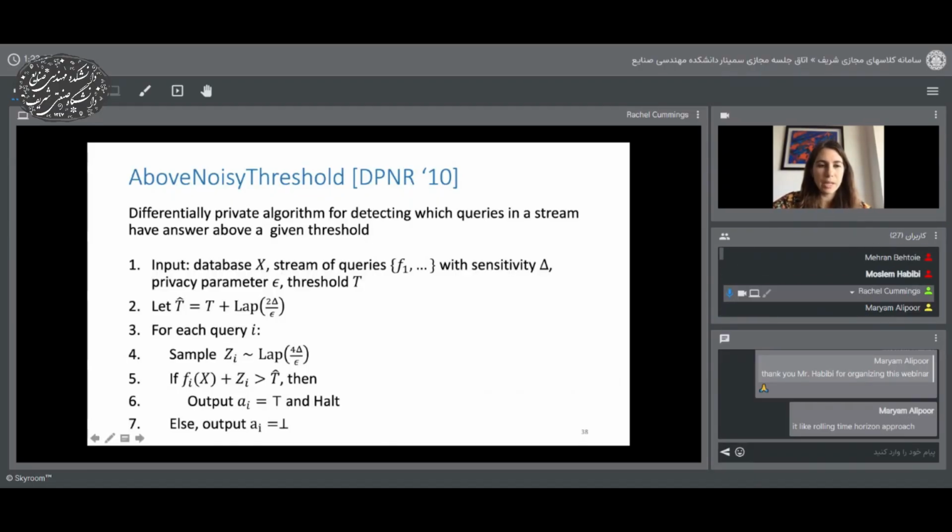So we take our threshold and we add noise, and for each query, we sample the Laplace noise, and we then check if the noisy answer is above a noisy threshold. If the answer is yes, then we halt and say, I found something that is interesting. Otherwise, we continue going.